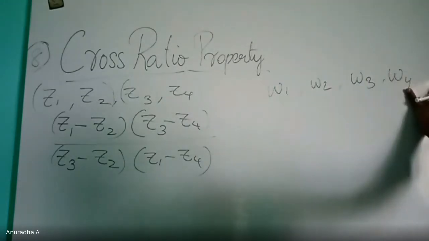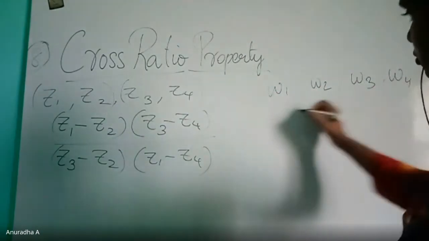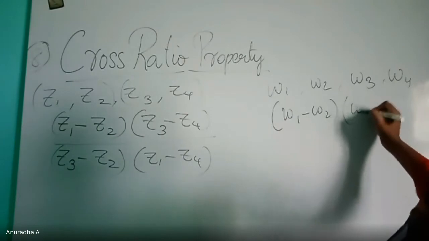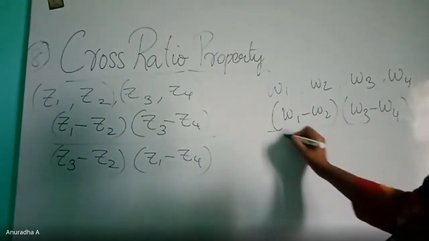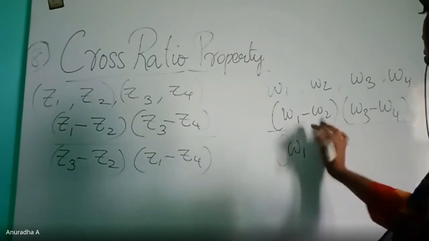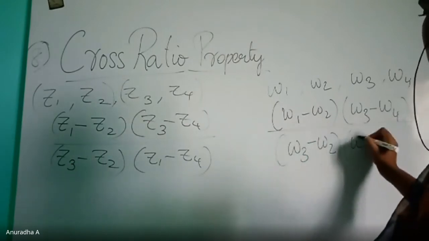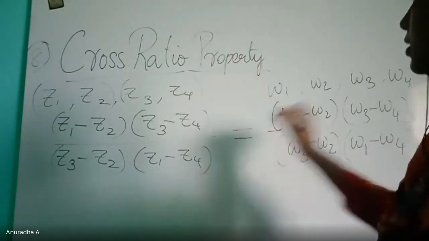Take these 4 points, find their cross ratio, W1 minus W2, W3 minus W4 by W3 minus W2, W1 minus W4. Then these both will be equal.